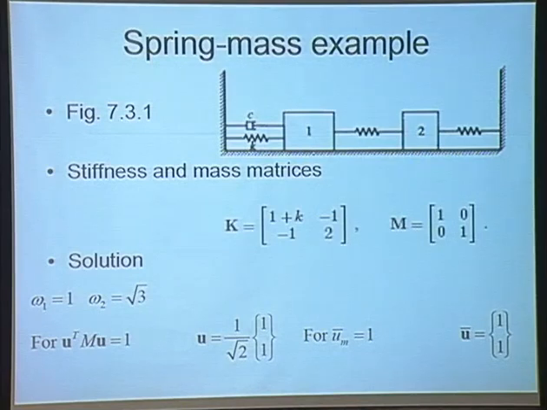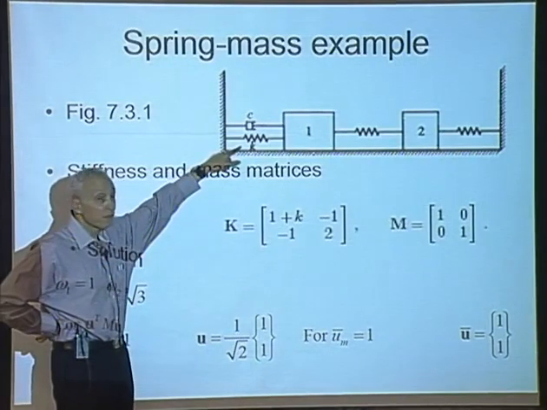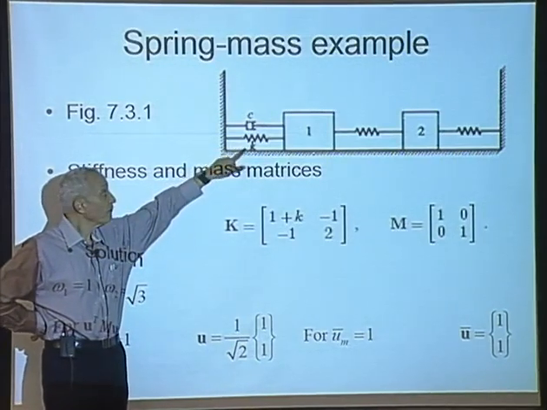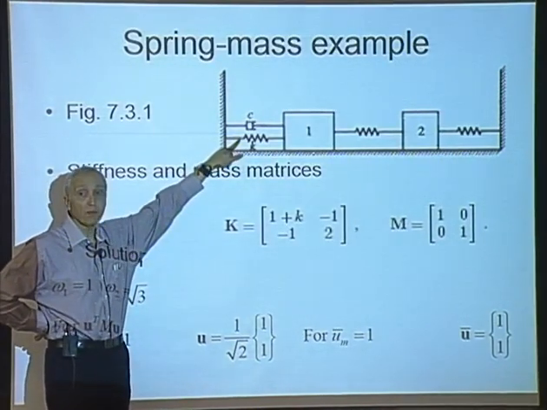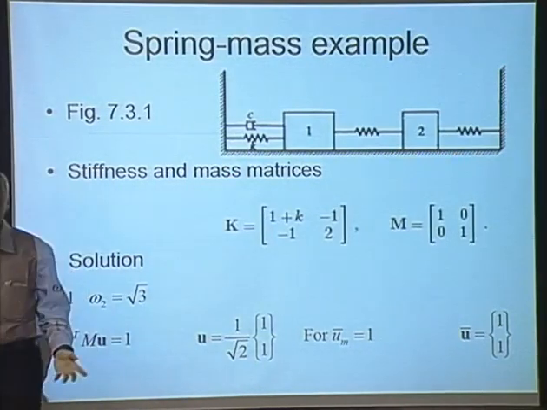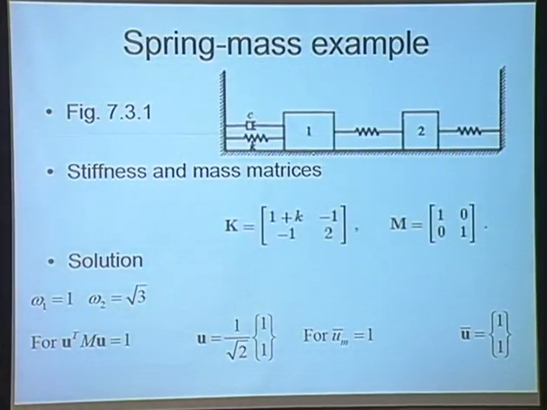So for this problem, C is equal to 0. Two of the springs have stiffness of 1, and we ask ourselves, what's going to happen when we change this spring from 1 to k? So we are essentially looking for the derivative with respect to k.